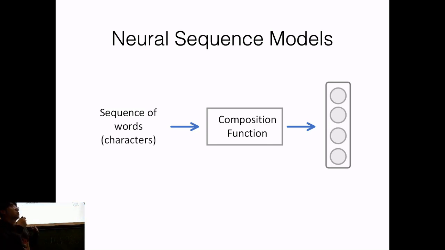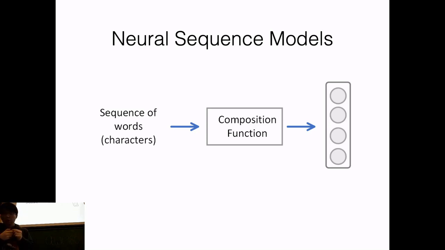For the neural sequence model, given a sequence of words or characters, you should design a convolution function, and the goal is to convert a sequence of words into a fixed dense vector.